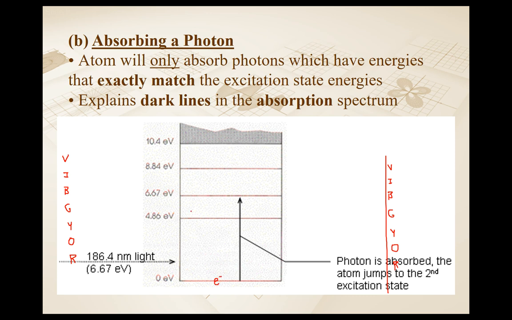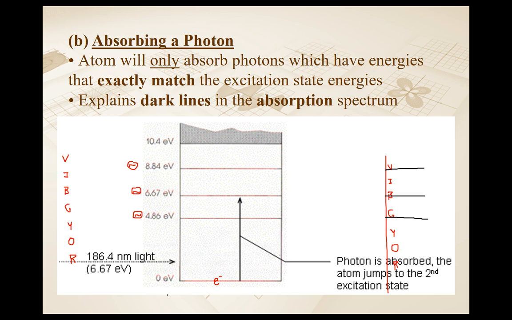And I've already identified that basically 3 photons are going to get absorbed, photons that have an energy of this, this, and this. That's going to correspond to those 3 black lines. Let's see if I can do a better job on that. Black line, missing color corresponding to these 3 photons.